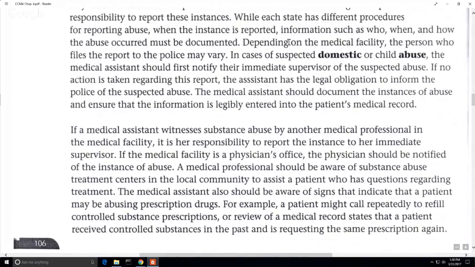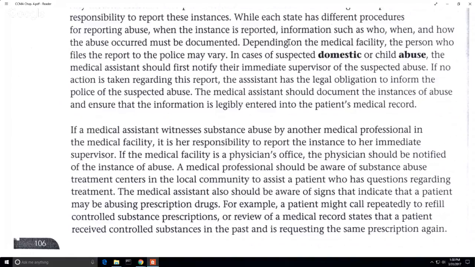If a medical assistant witnesses substance abuse by any other medical professional in the medical facility, it is her responsibility to report the instance to her immediate supervisor. If any coworker is taking drugs or any substance abuse, okay.